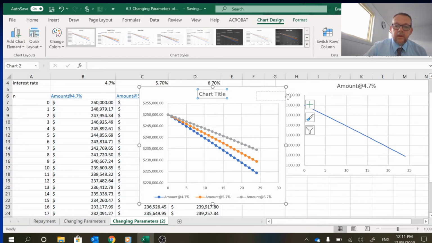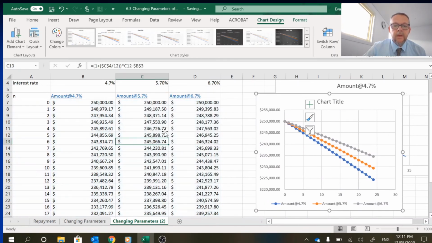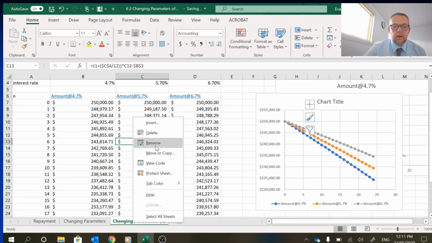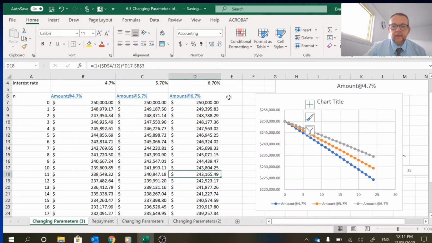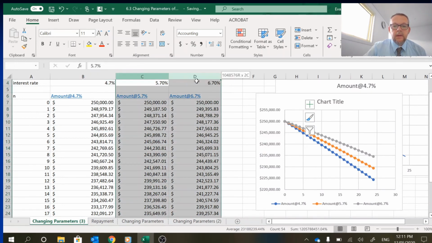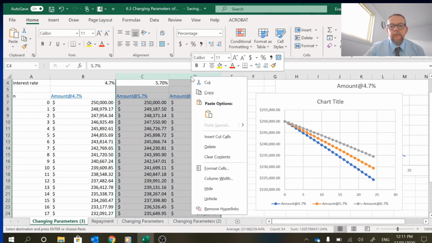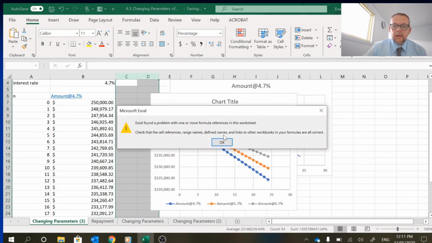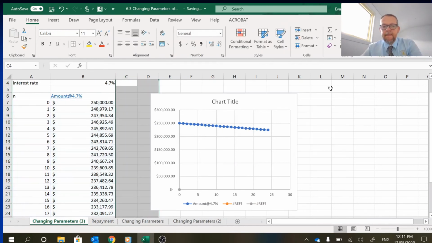The last thing I suppose we can talk about is what happens halfway through a loan. So I might just copy, and we'll create a copy here, and I'll just delete all of them. And yep, that'll be fine.